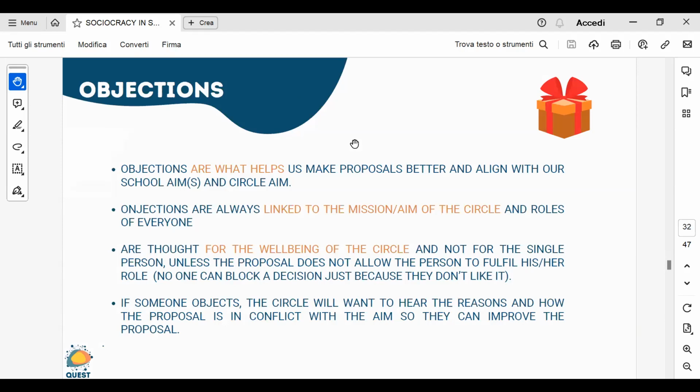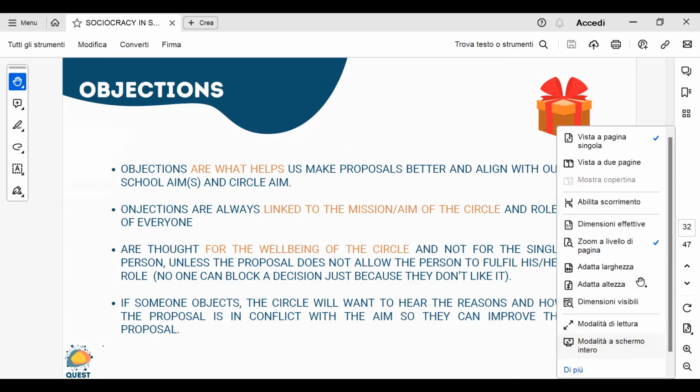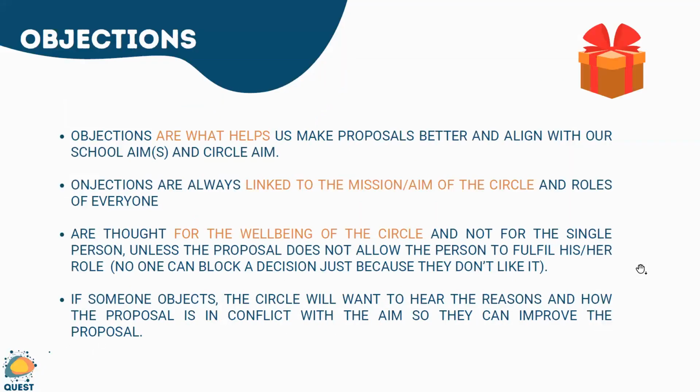It's important to understand that objections are a sort of gift brought to the group. So we don't need to be scared of objection, because it's thanks to the objection that the proposal gets better and aligns better with the school aim and the circle aims. As I said, the objection is to be linked to the mission and the aim of the circle, and they are thought for the well-being of the whole school and of the whole circle.